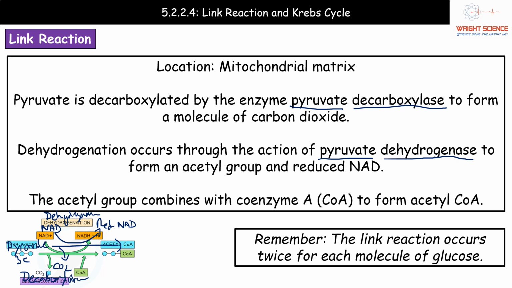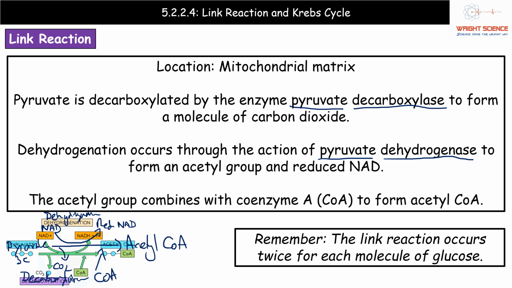So what we end up with at the end is this substance called acetyl. Now, acetyl is a 2-carbon compound, so we've got our acetyl, but we're also going to be bringing in a substance called coenzyme A. So what we actually end up with is acetyl coenzyme A, or acetyl-CoA for short.